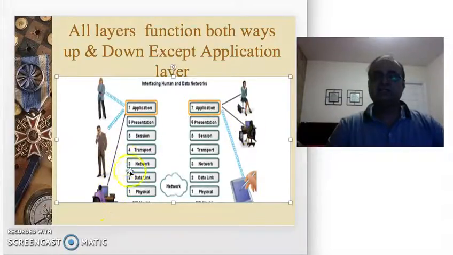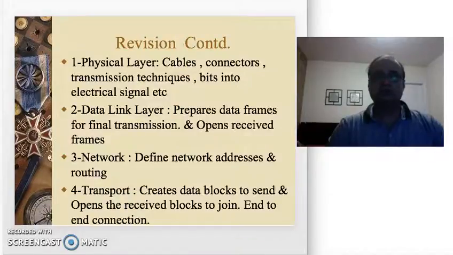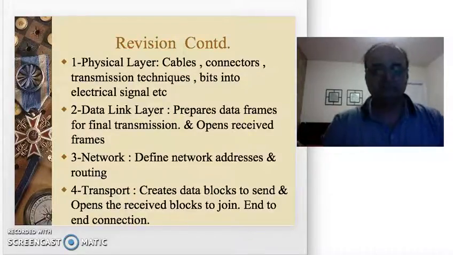Every layer performs its functionalities, and finally the application layer presents that information on the other side. So in this way, this OSI model works both ways, from this side to there and from there to this side. So let's quickly go through its revision.